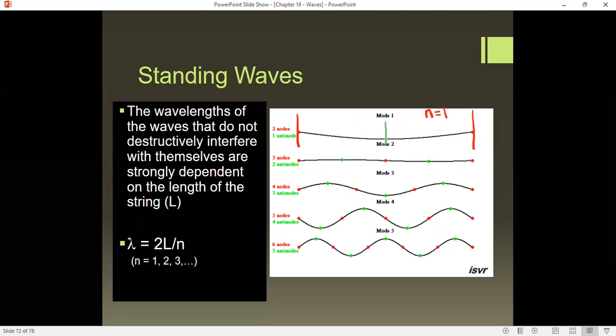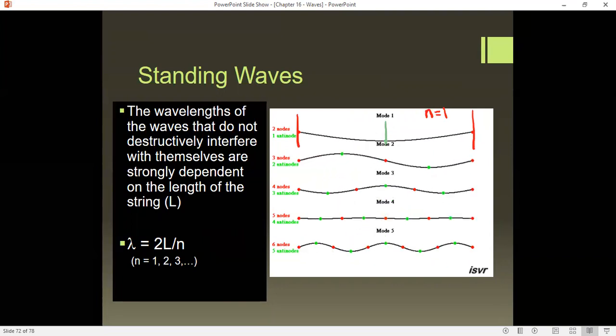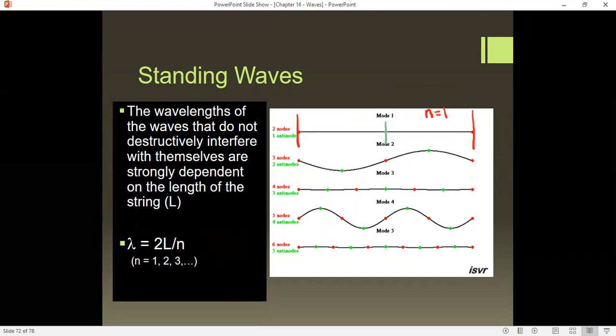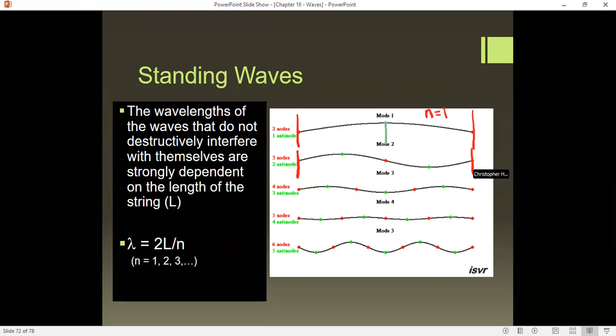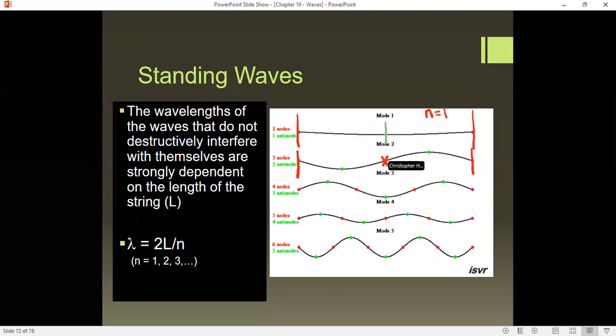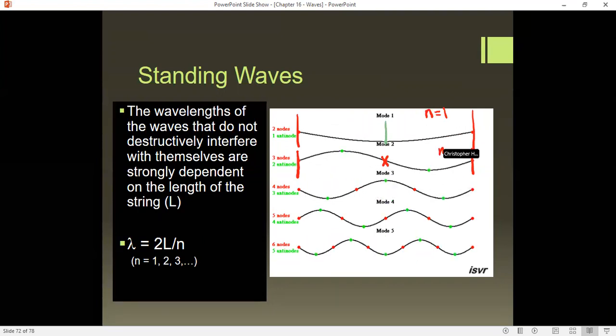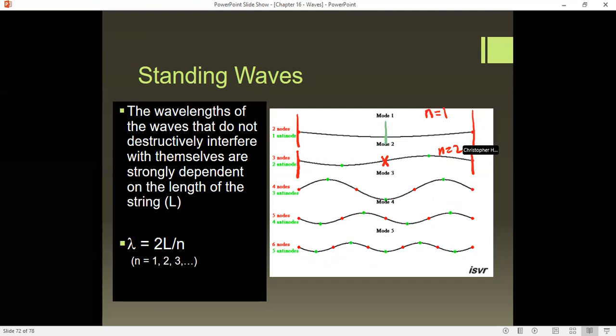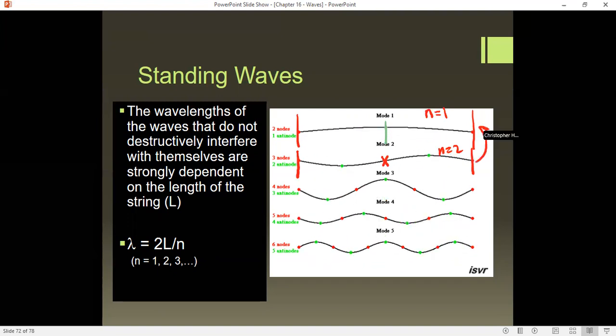If I cut that wavelength in half, I'm doubling the frequency. I've got my ends here, I've got a node in the center. And notice that this n equals 2 is vibrating at twice the frequency as the n equals 1.